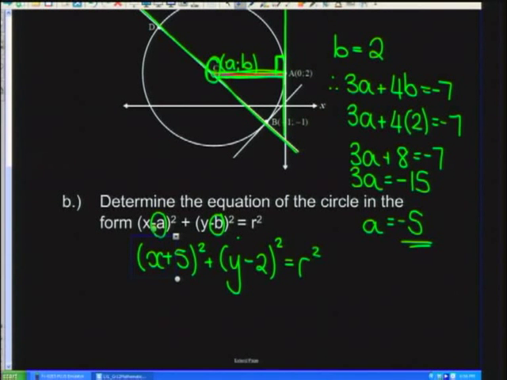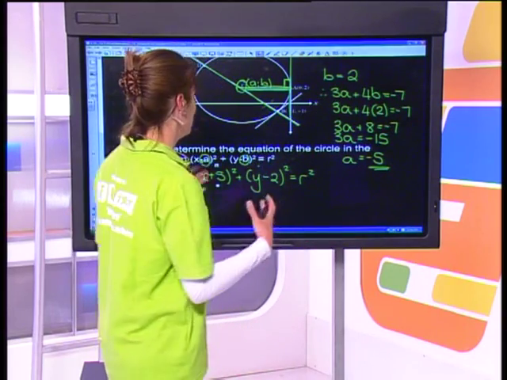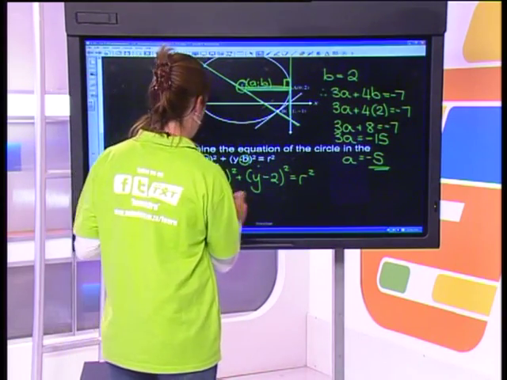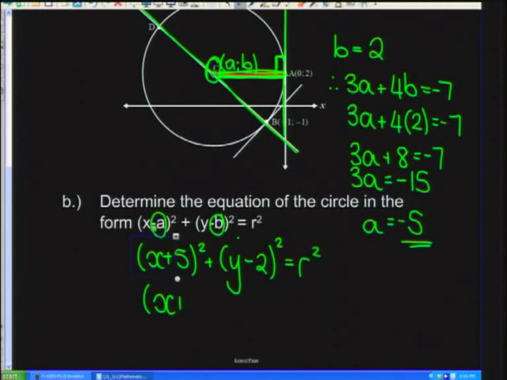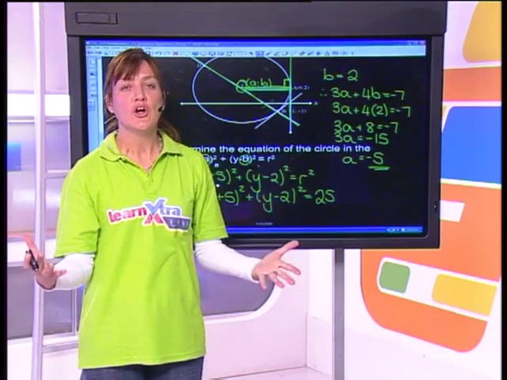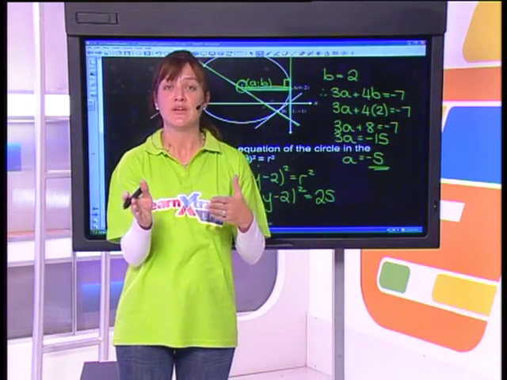Well, your radius, because it's actually touching your y-axis over there, is going to be exactly the same as your a in this case, okay? So looking at it, you can see that your radius is going to be 5. So to finish it off, I've got x plus 5 squared, y minus 2 squared, and that would be equal to 25, okay?